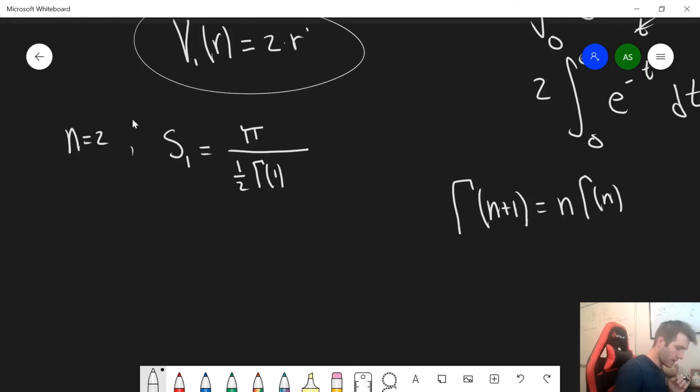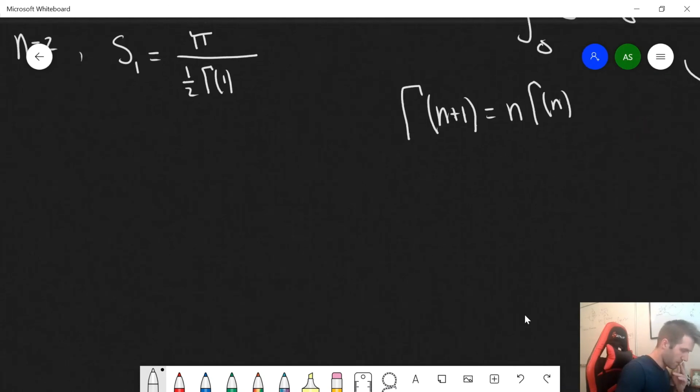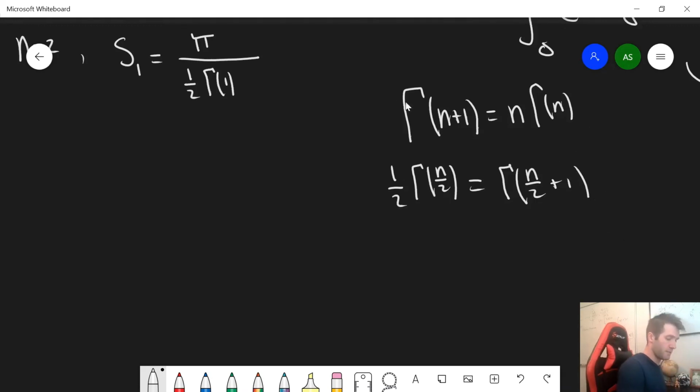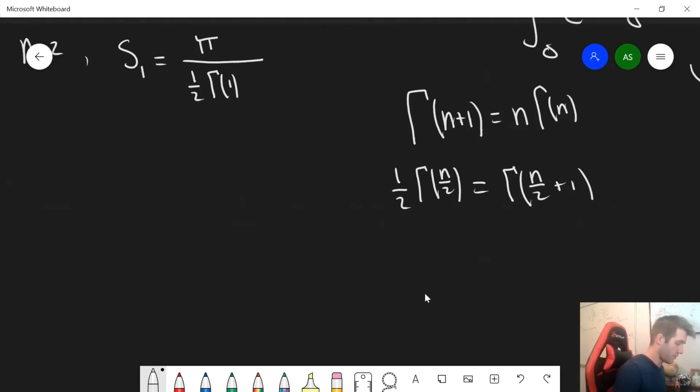Well, we can describe the original formalism using that. So we know that n over 2 times gamma of n over 2 must also be equal to gamma of n over 2 plus 1, if we were going to maintain this logic here. So we can rewrite that.